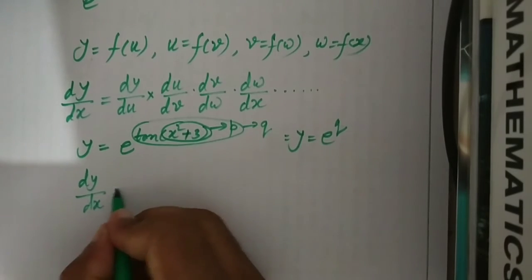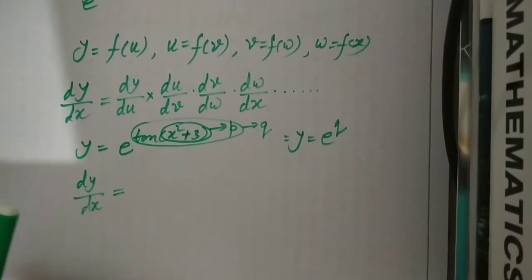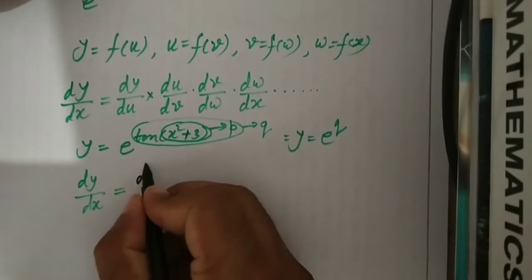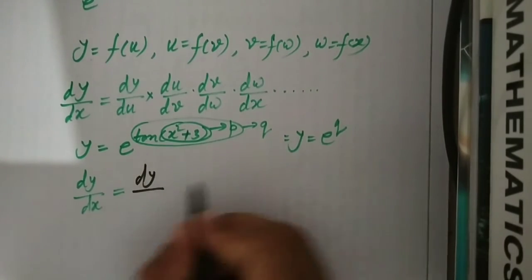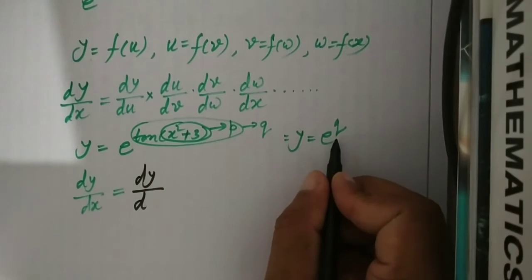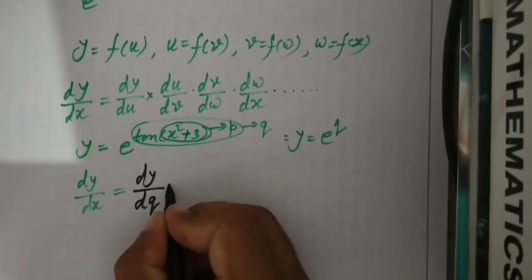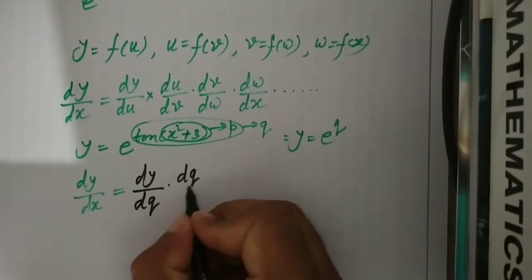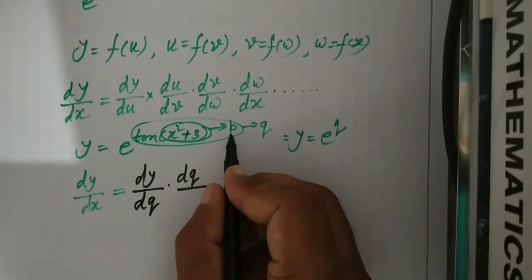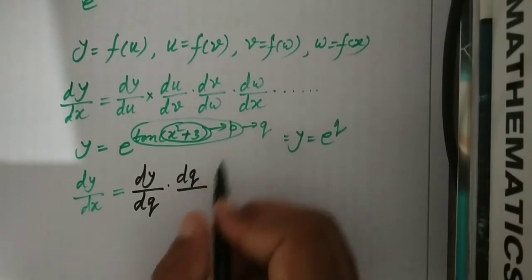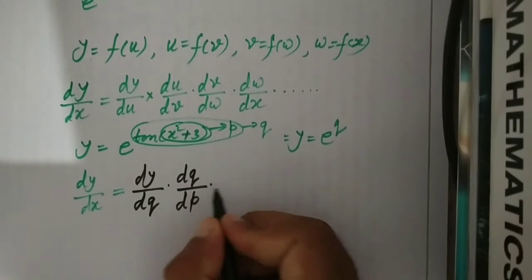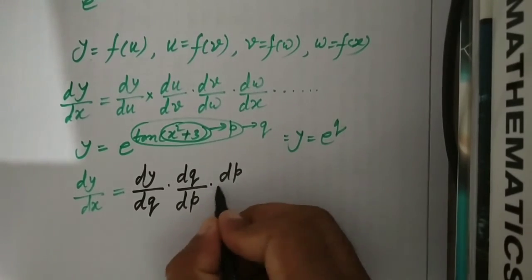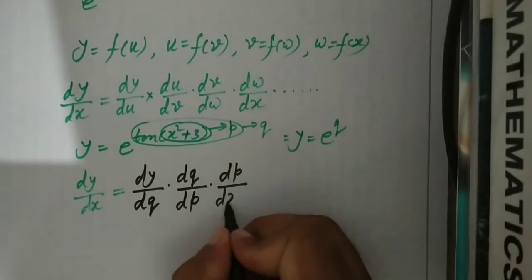We are going to differentiate y with respect to x. First y is differentiated with respect to q, because y is a function of q; then q is differentiated with respect to p, because q is a function of p; and then p, which is a function of x, is differentiated with respect to x.